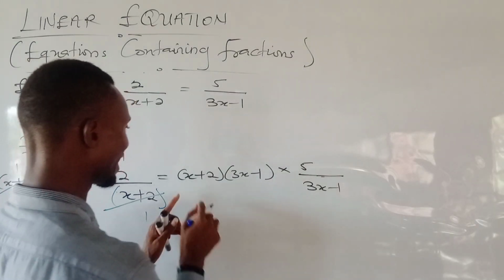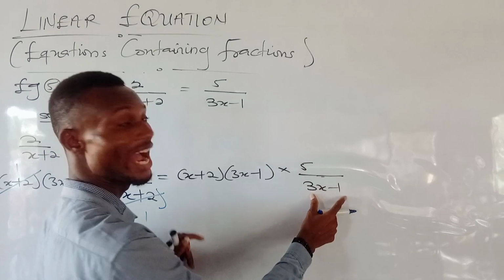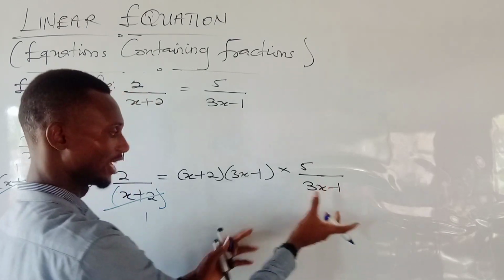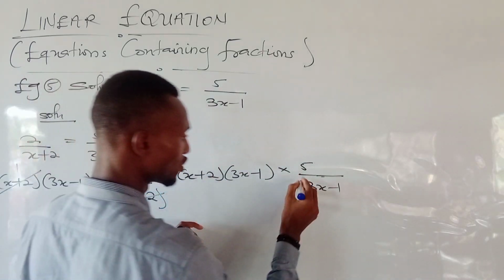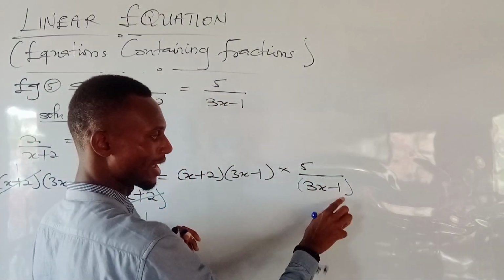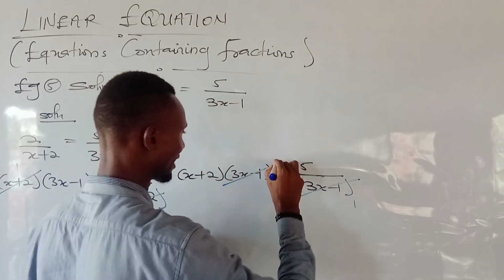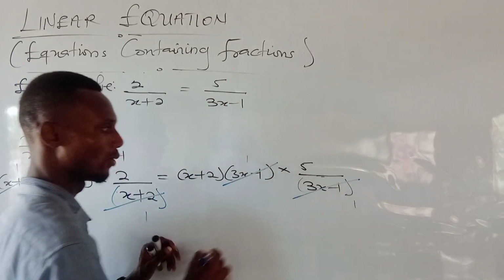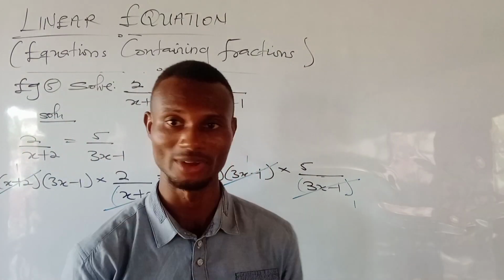Then when I come here, I have this 3s minus 1 here, and down here too, I have 3s minus 1. We can cancel it away because the expressions there are multiplying. So this 3s minus 1 here can cancel one, then it will cancel this 3s minus 1 also away.